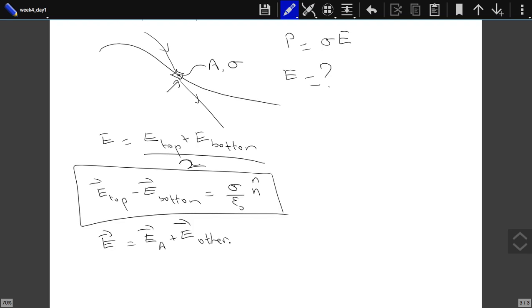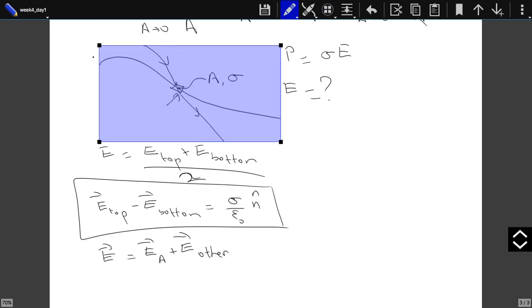Now, for these other charges, if we only look at this electric field, this will be continuous through my patch, because for this electric field, there's no surface charge density at that point. This doesn't have any contribution from the surface charge density over there. Okay. So this is E other. What we call E other is this one.